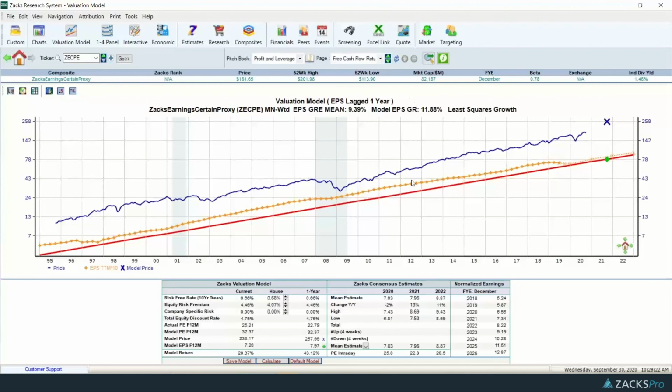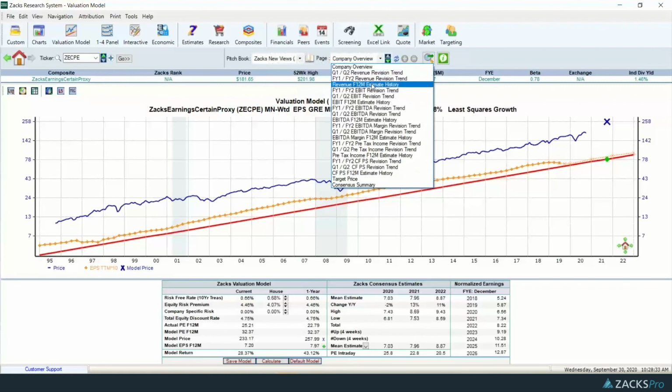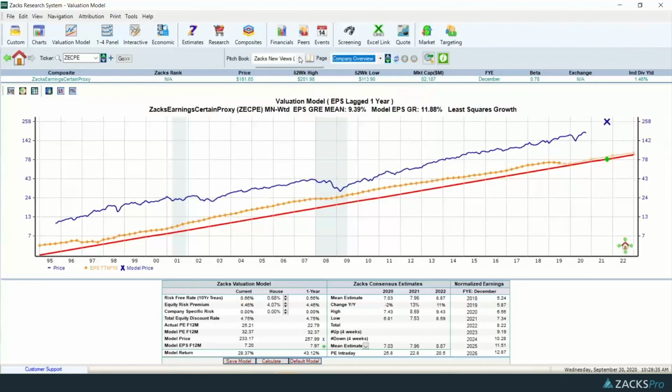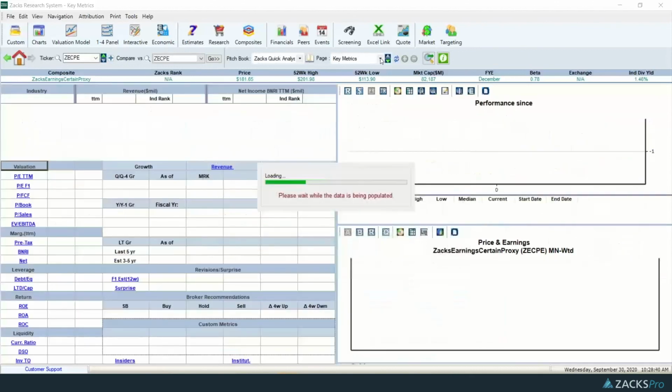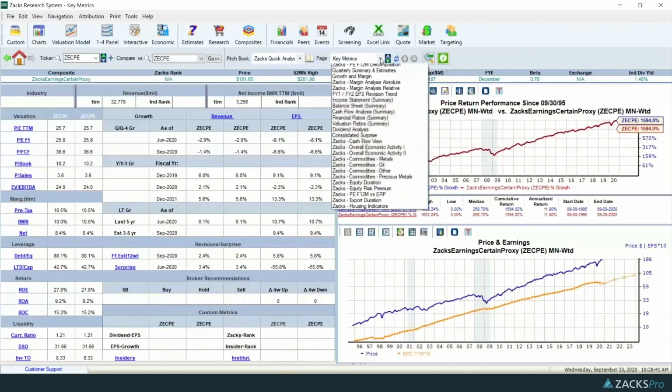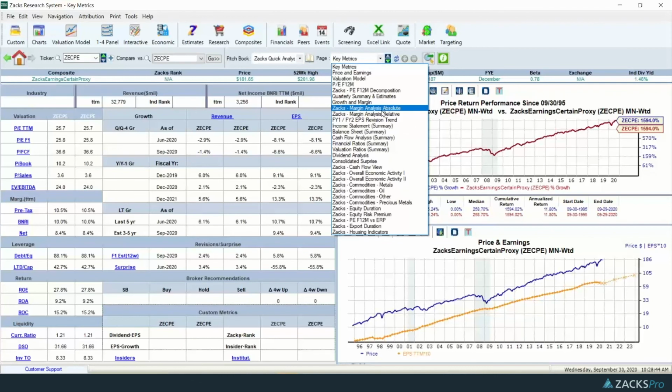And if we look at the forecast for macroeconomic headwinds by looking at equity risk premium, which I can get to by going into the Zacks Quick Analysis Pitch Book and just coming down here and grabbing it, I see equity risk premium that just continues to be on the decline, which warrants further PE multiple expansion.